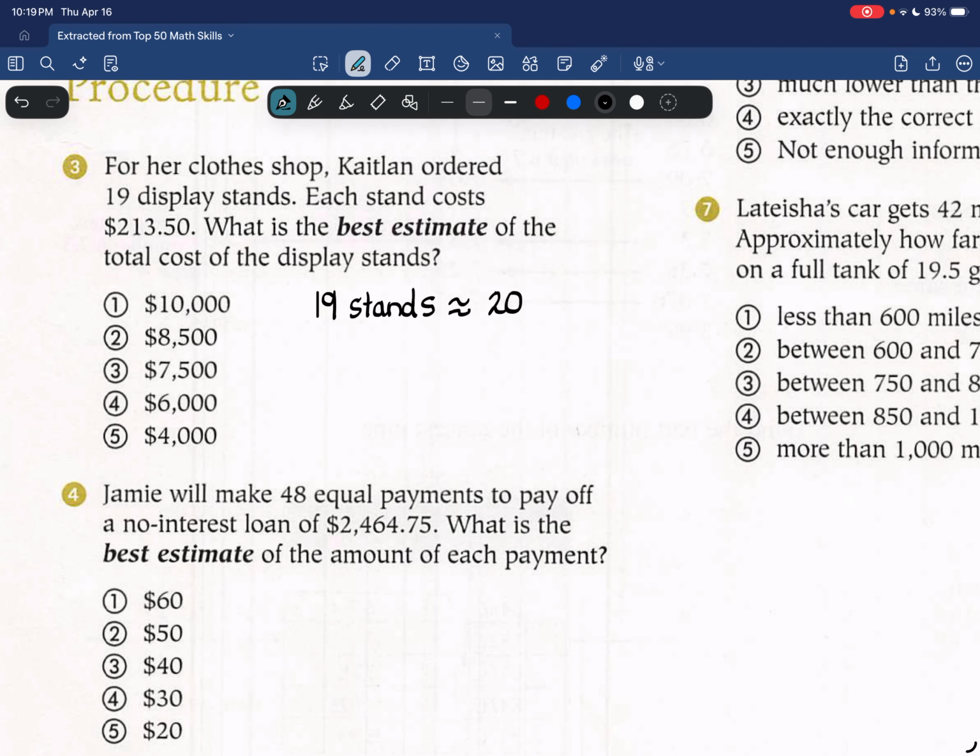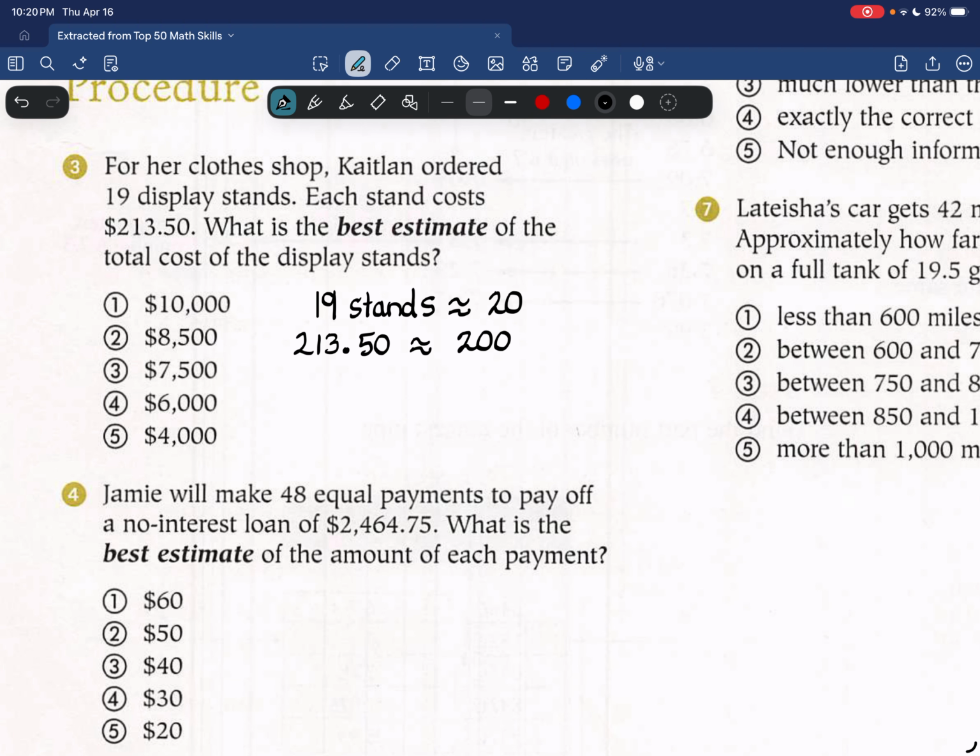Each stand costs $213.50. And I'm going to say that that is about $200. Now you could say it's about $210 or about $214. But remember, I'm looking for the easiest math I can get by with.